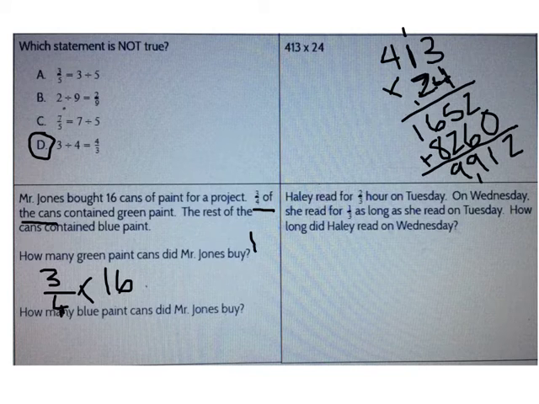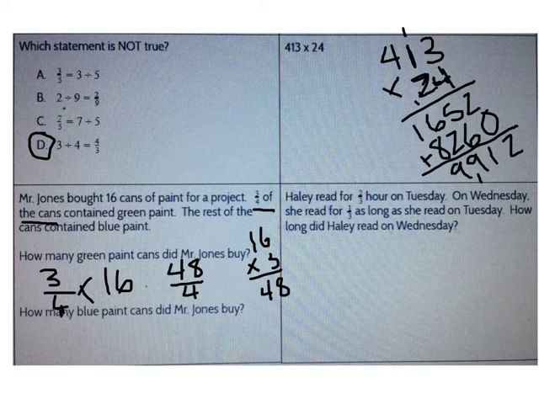Remember, I can multiply out to the side if I need to. When I multiply 3/4 times 16, 16 times 3 is 48. I get 48 over 4. Now, I need to change that into a whole number or a mixed number. What's 48 divided by 4?